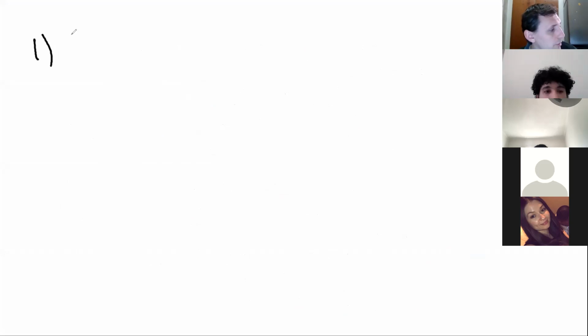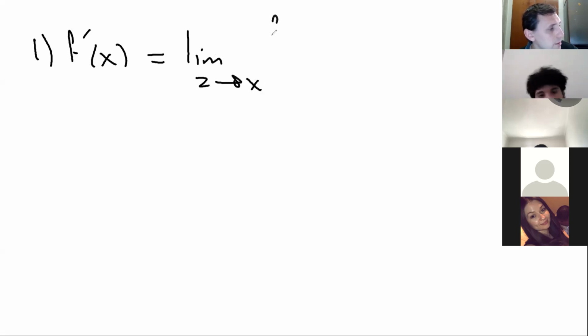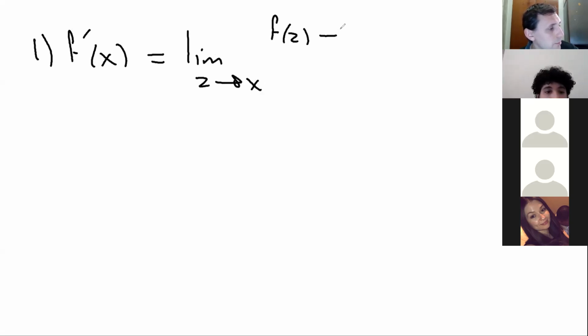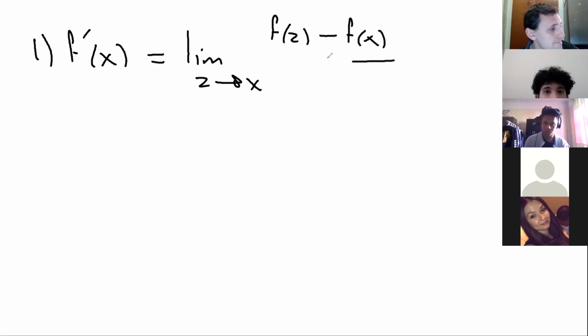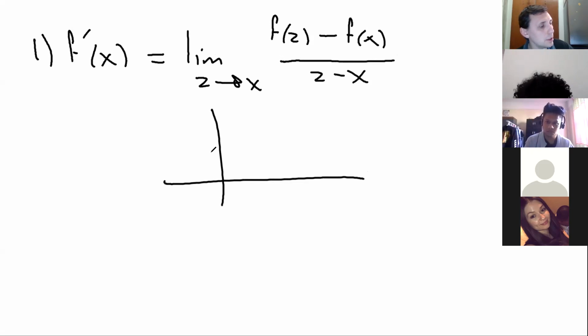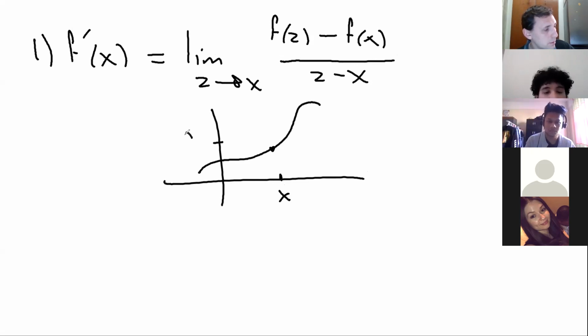The first formula for the derivative is the limit as z goes to x of f of z minus f of x over z minus x. What are you saying? Here is the graph of a curve. Here is the point x, and here is the point f of x. This is one point.